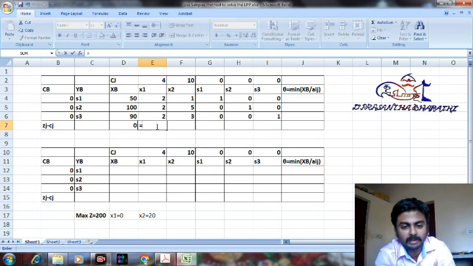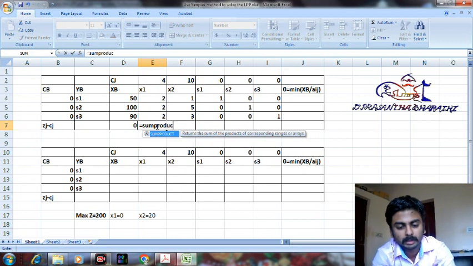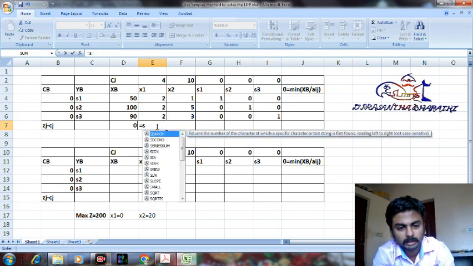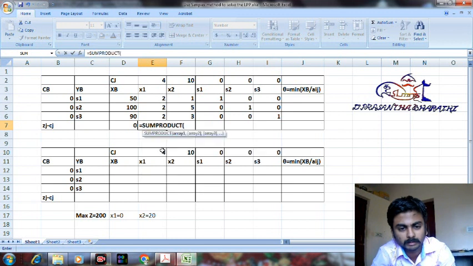So here we have equal to sum product of this CB comma this Aij. Okay, and I want to lock this CB for all the calculations, so I am using the dollar symbol to lock this CB value.